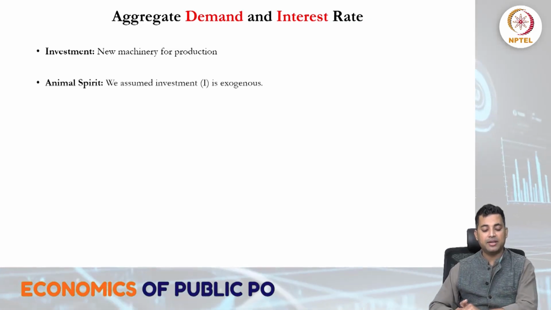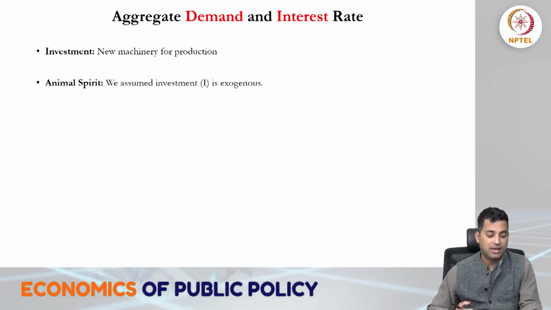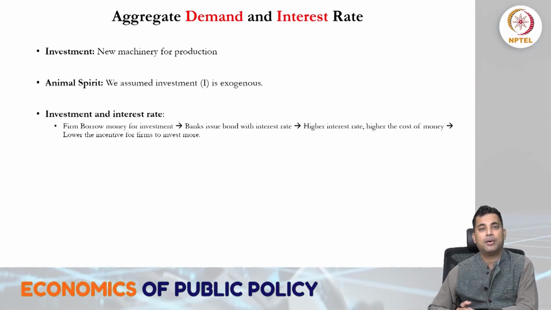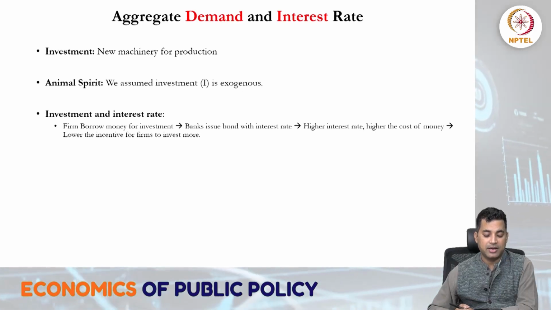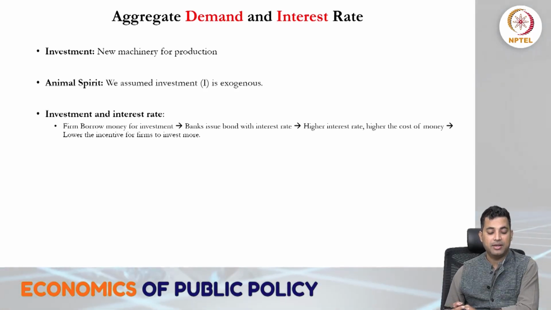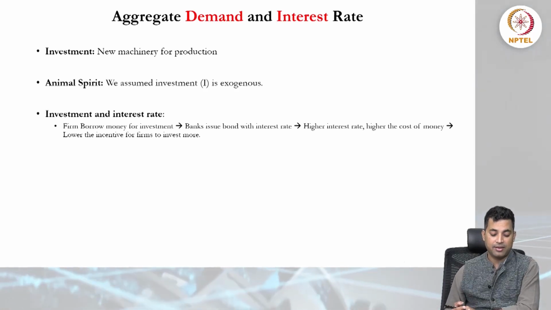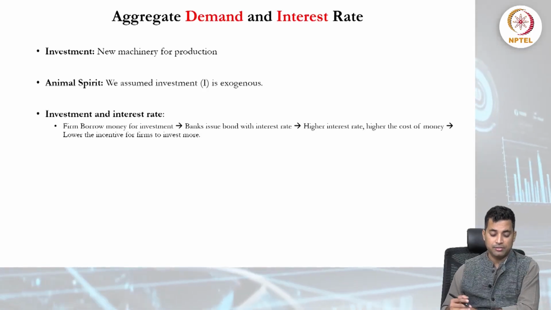With animal spirits, we assumed investment is exogenous. But to counter-argue on that, it is not always the case that a firm will have its own savings from which an investor can invest.